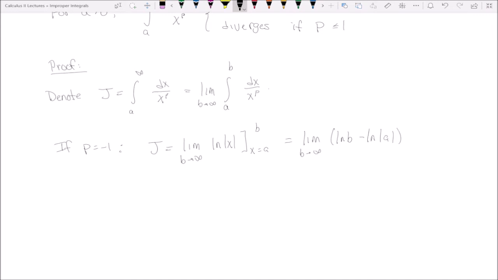And as we know, this limit here is infinite. So this is going to equal infinity.